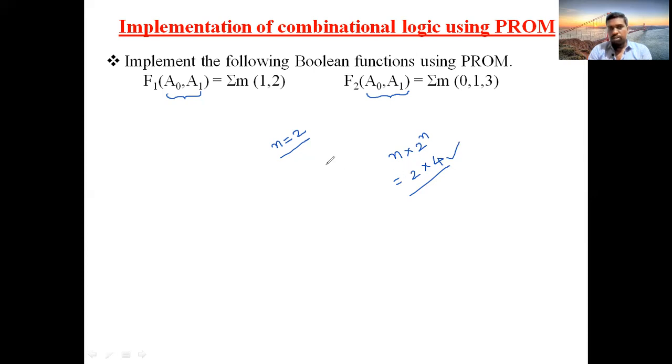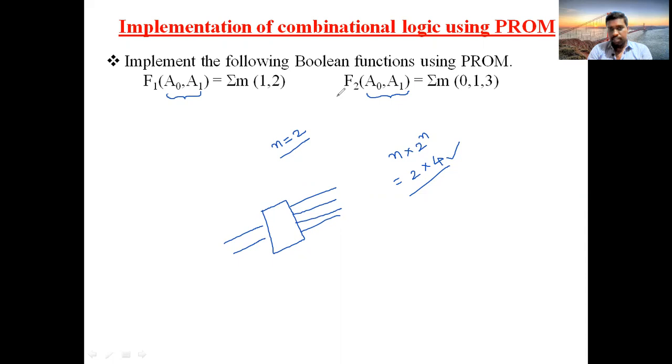So first of all, you should draw one 2 to 4 decoder. That means you should have 4 output lines and 2 input lines. Like that, you need to draw one decoder. And then I said decoder plus OR gates. How many OR gates are there?